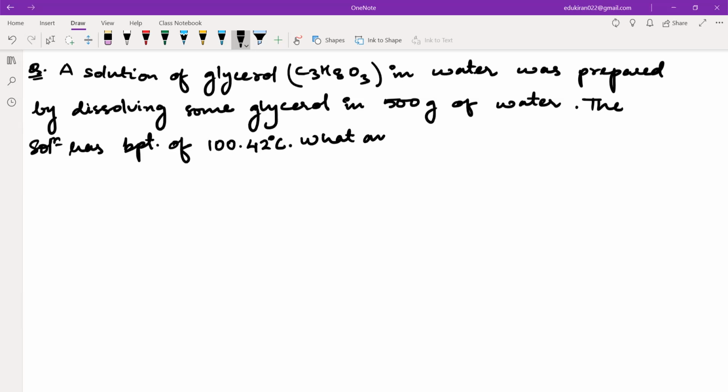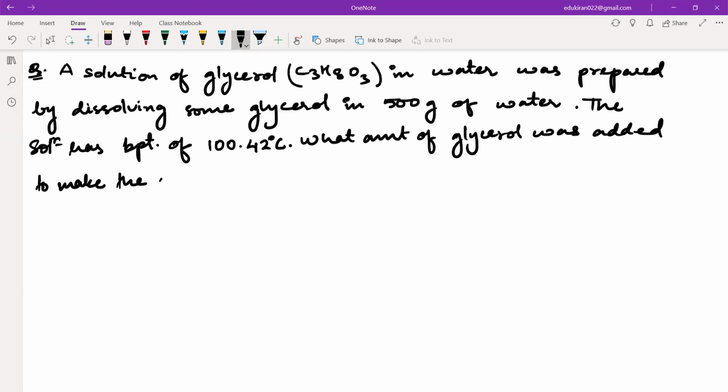What amount of glycerol was added to make the solution?